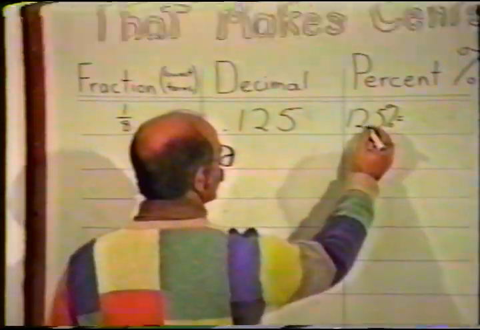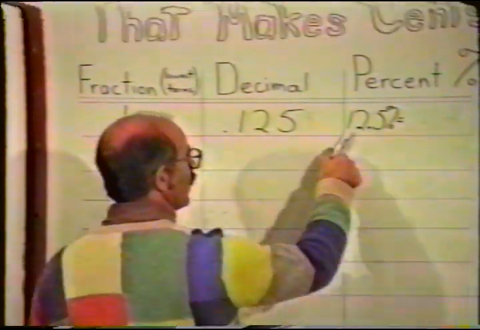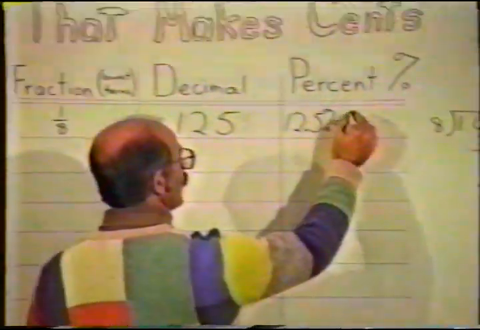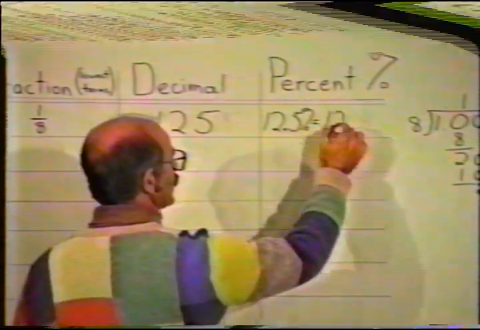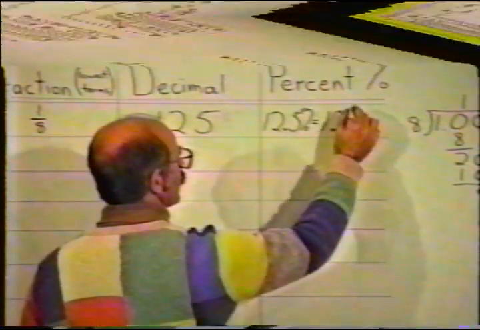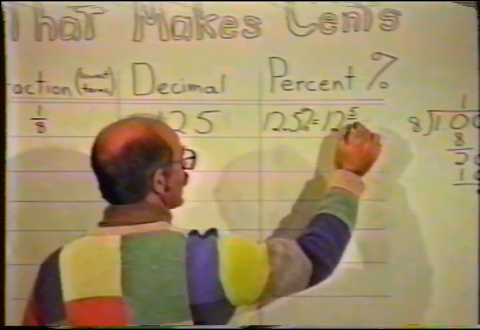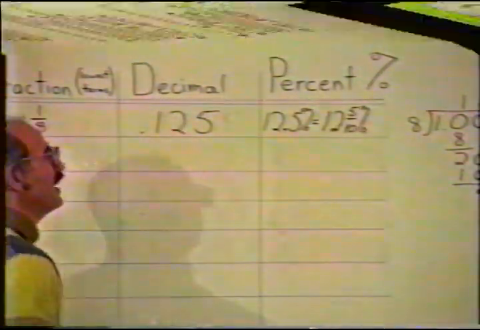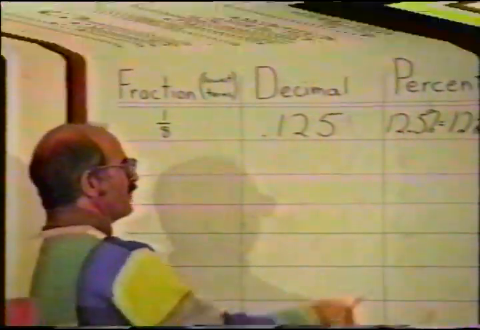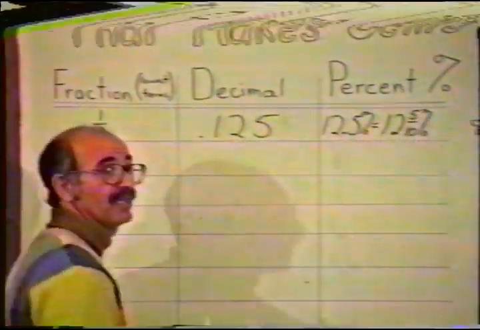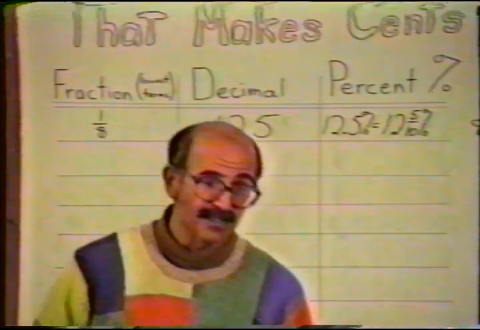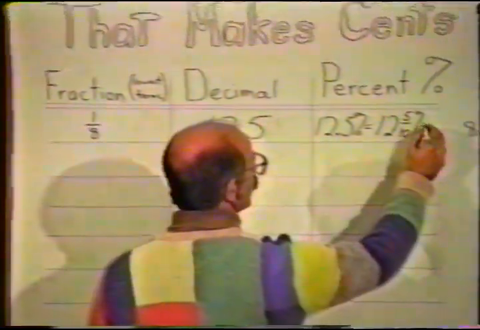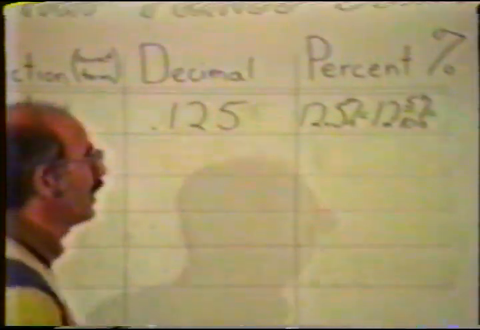12 and 5/10%. And I'm going to write down exactly what you said, but I'm going to put the 5/10 as a fraction, and it is, of course, still a percent. I've just written the 5/10 part of it as a fraction instead of as a decimal. The 5/10 can be reduced to what? 1/2.